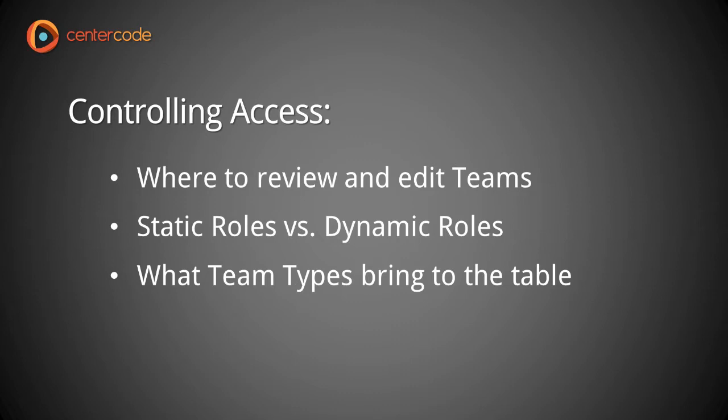Dynamic roles, on the other hand, correspond to different resource items like feedback or content. If you want to provide a software release, then you need to turn on the dynamic roles corresponding to the appropriate teams. Now, team types help rein in this process and keep control over roles as a whole.